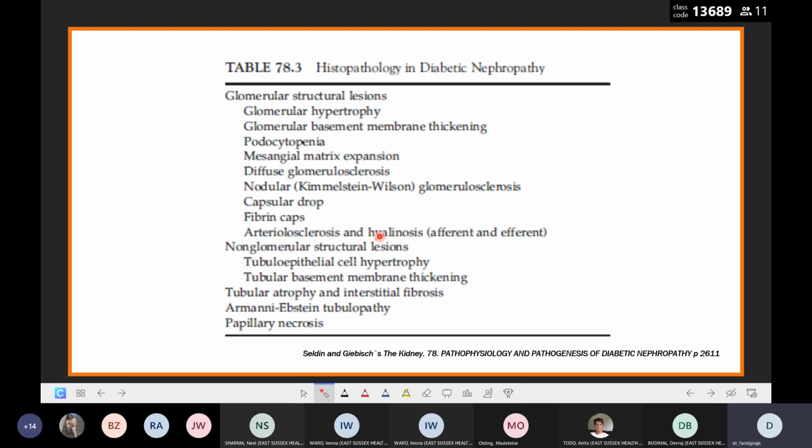We find arteriosclerosis and hyalinosis. You know, diabetes is a risk factor for vascular disease. We may find tubulointerstitial cell hypertrophy or tubular basement membrane thickening. So we have a lot of things.